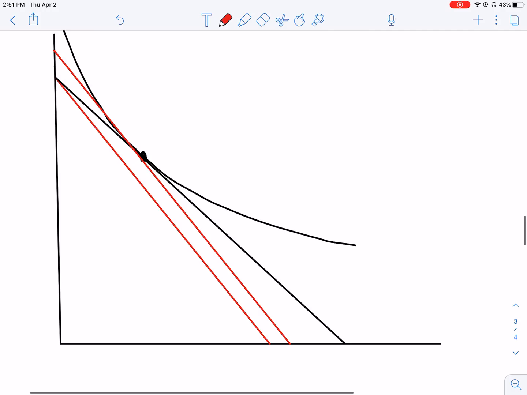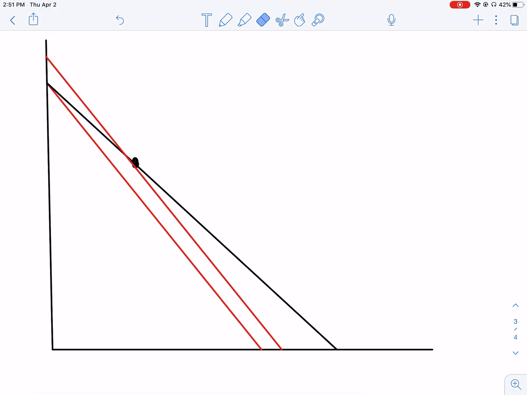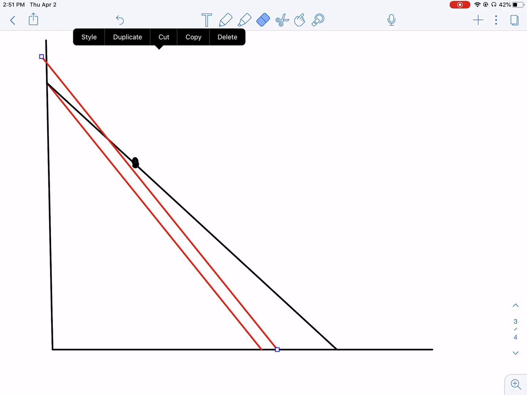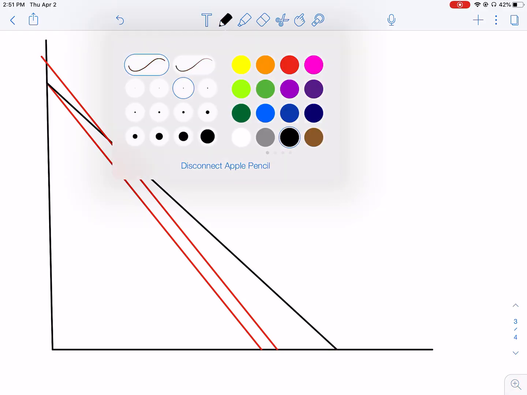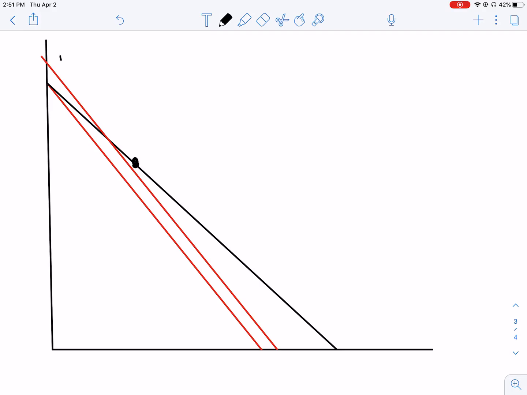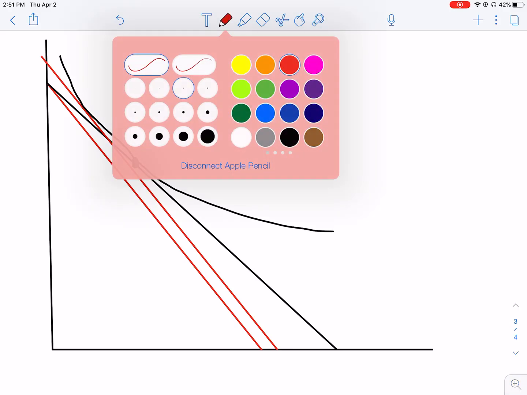I guess I'm not a Michelangelo. This is really bad. I need to redraw that. Okay, still bad. All right.